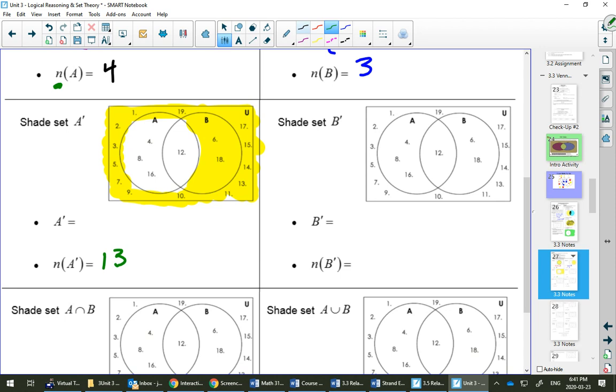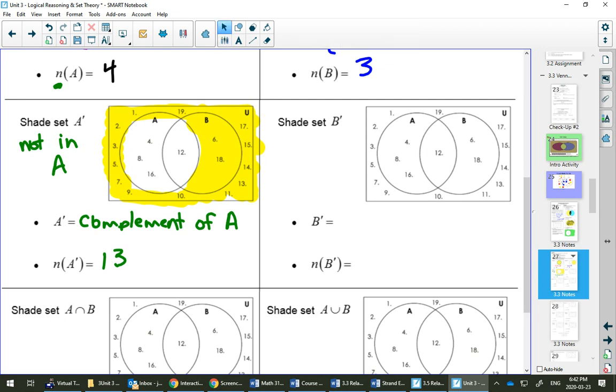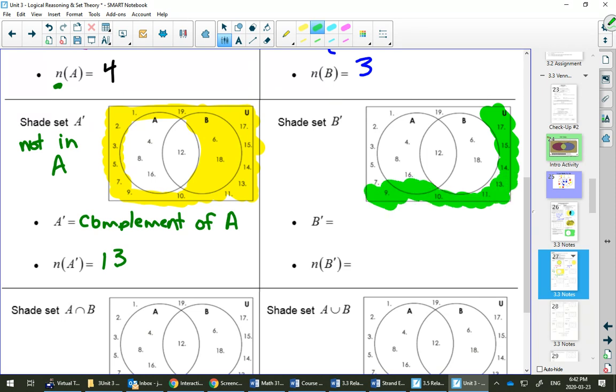Okay, so we can also describe this as the complement of A, or those elements not in A. All right. Similarly, if I wanted to shade the complement of B, it would be everything that's outside of B. So everything that's outside the circle of B. Okay.